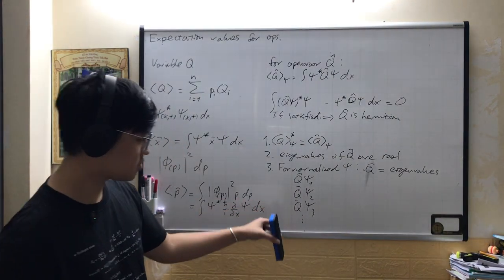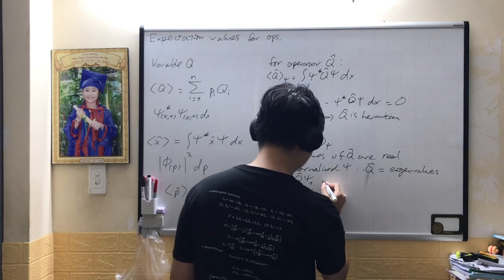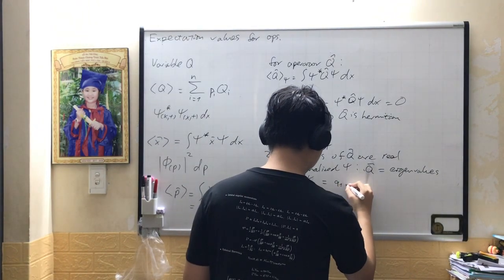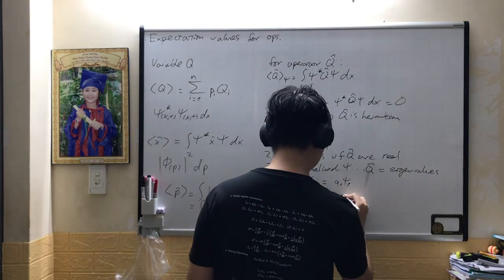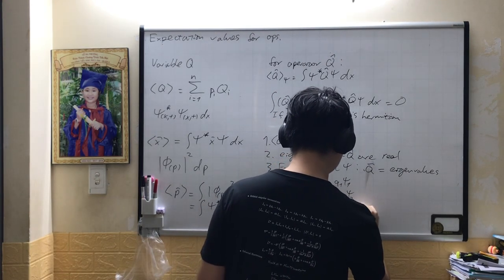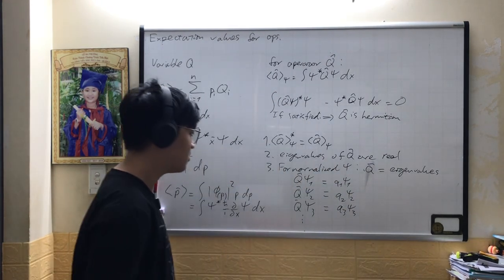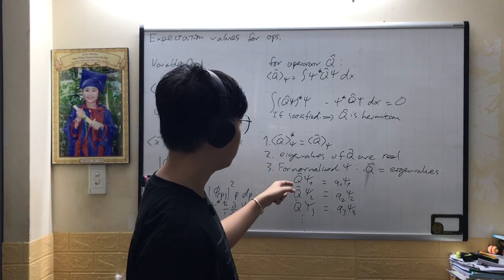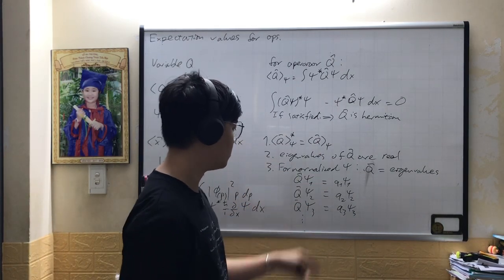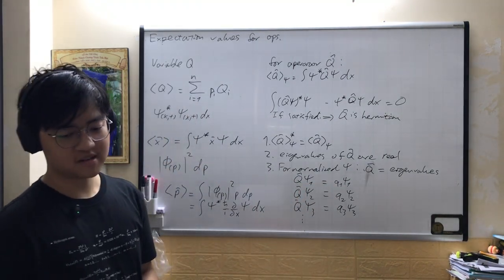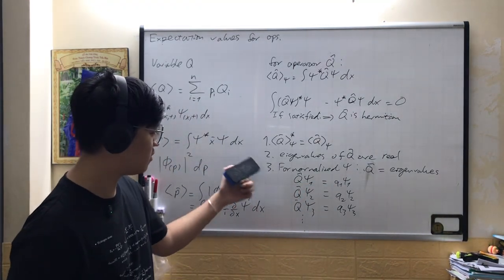So this would give you Q1 psi 1, Q2 psi 2, and Q3 psi 3. And remember here, the Q are real, and these are interchangeable. So basically, that's it for number 3.